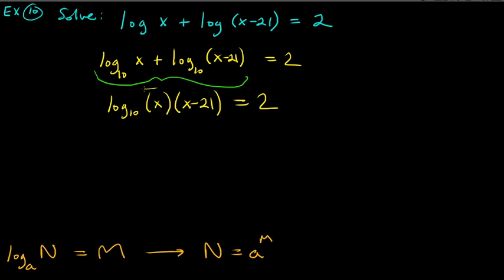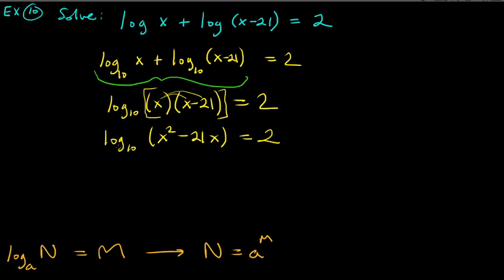So now, all of this is my n now, my capital N down here. But if this bothers you, you can distribute the x. You can write this as log base 10 of x squared minus 21x. You don't have to, but you're going to do that eventually. And that's equal to 2.